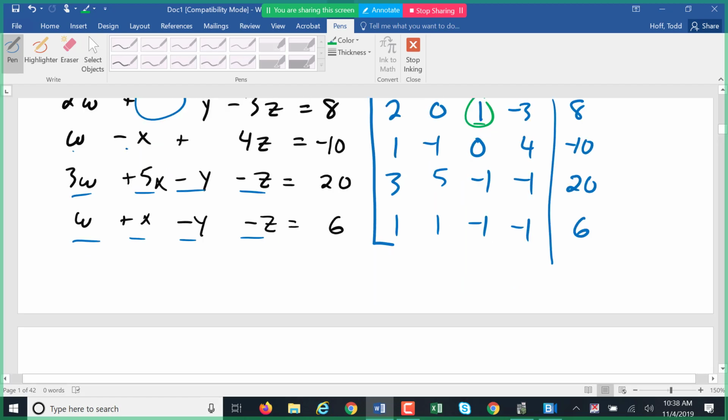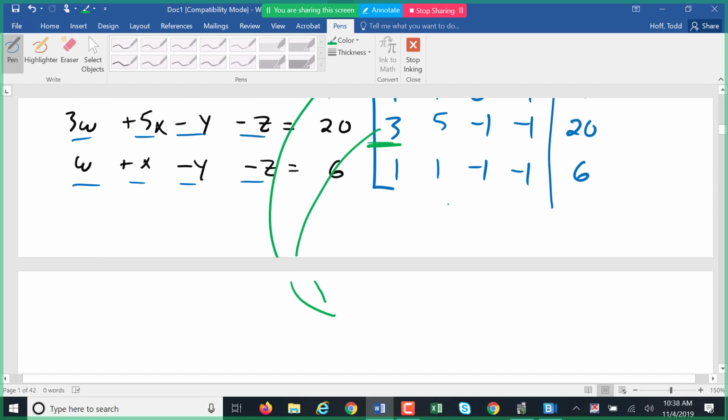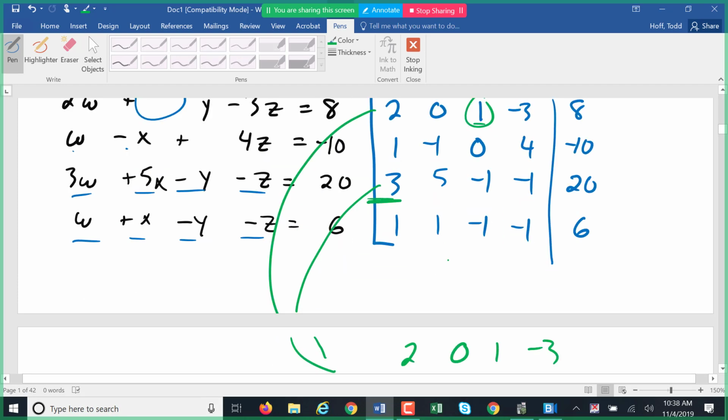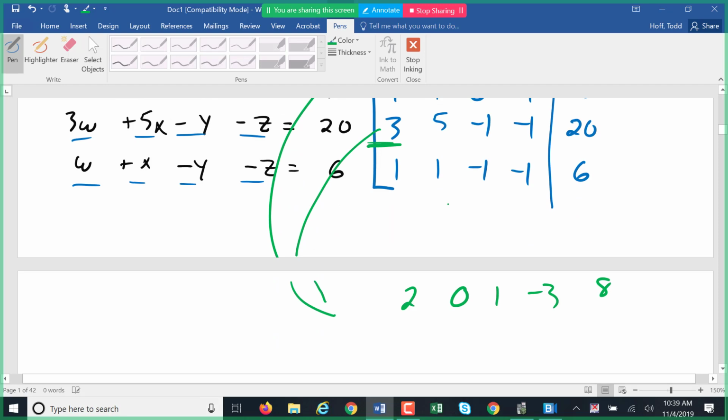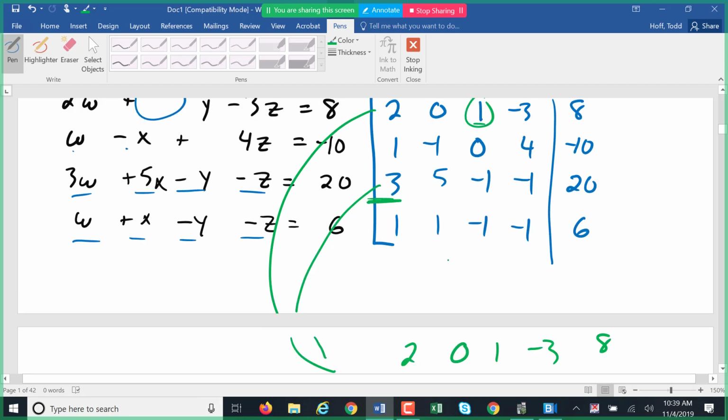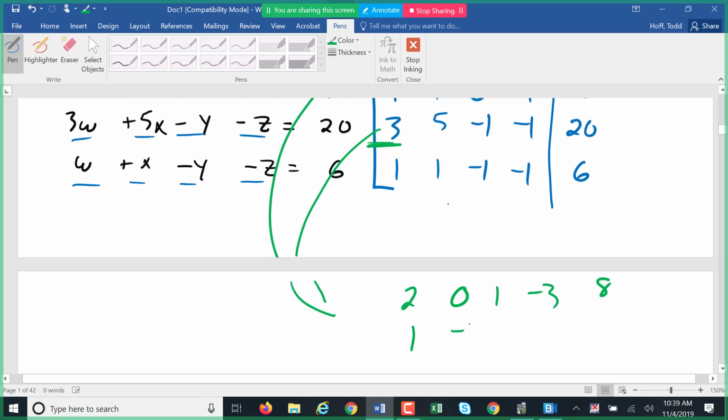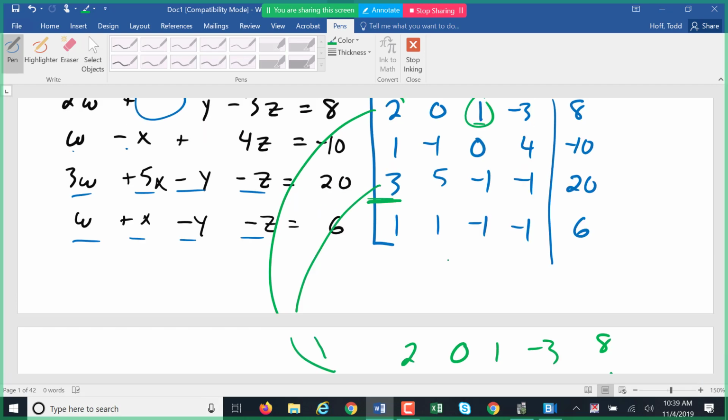So what I'm going to do is combine these two rows, and I'm going to replace the third row with them. So the top row stays 2, 0, 1, negative 3, and 8. The second row doesn't change. I got 1, negative 1, 0, 4, and negative 10. The third row, though, is going to be the combination of the first and the third.